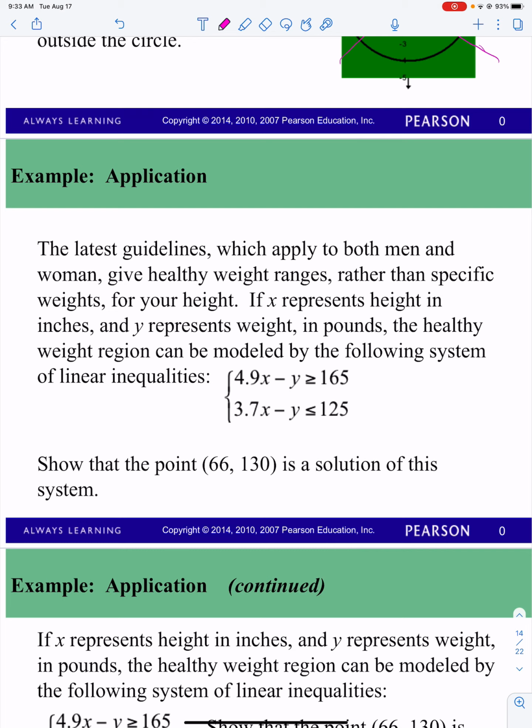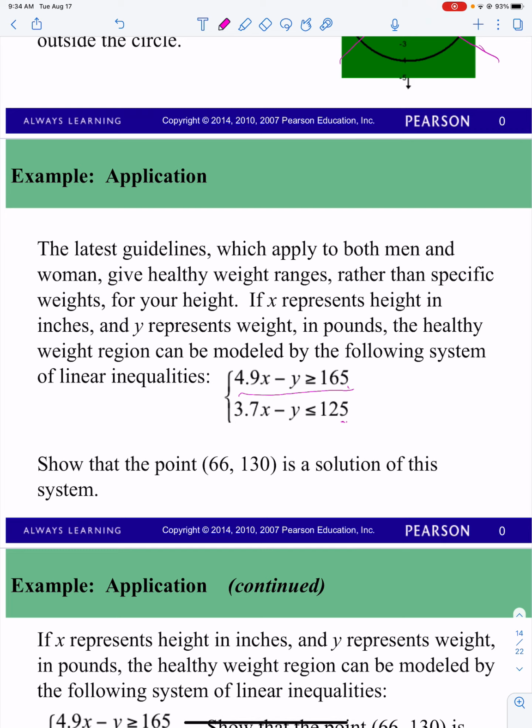So if x represents height in inches and y represents weight in pounds, the healthy weight region can be modeled by the following system of linear inequalities. 4.9x minus y has to be bigger than 165. 3.67x minus y has to be less than or equal to 125. So you have to be bigger than this, otherwise you are too skinny. And you have to be less than this, otherwise maybe it's too fat, yeah?